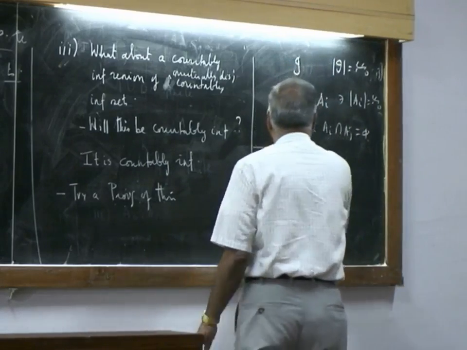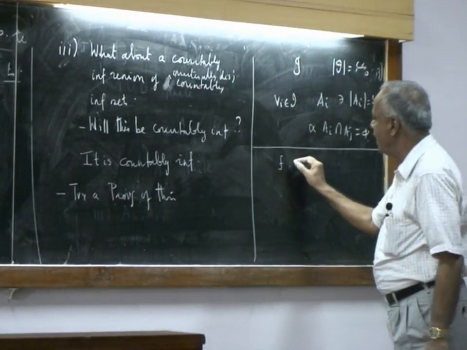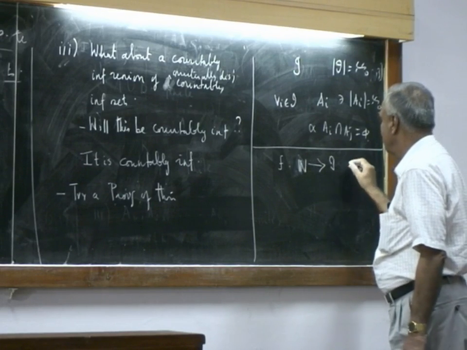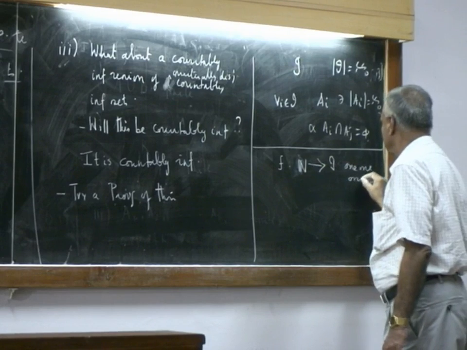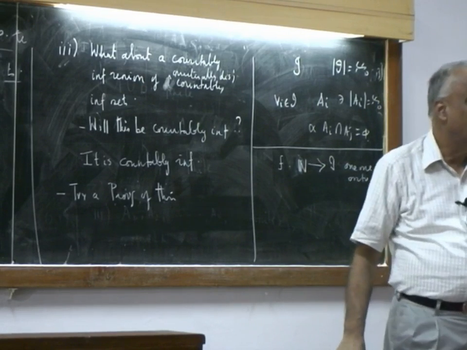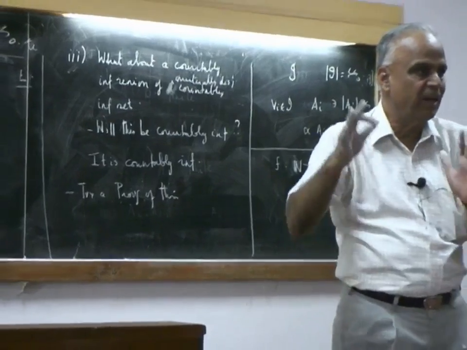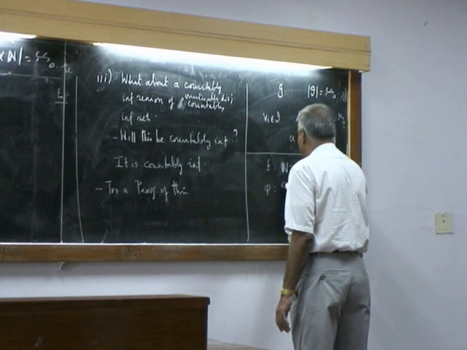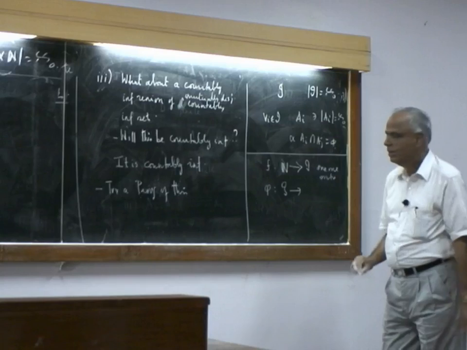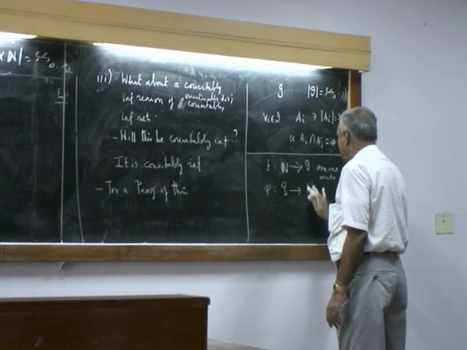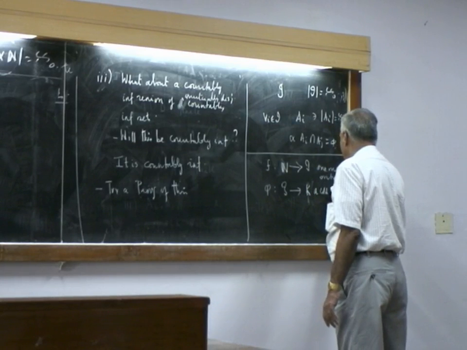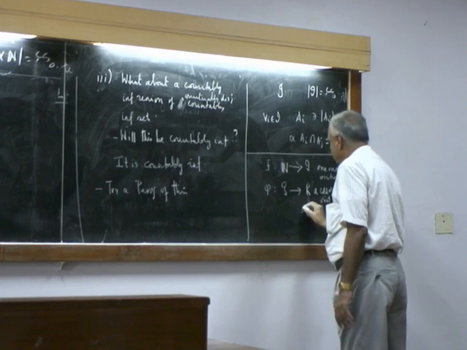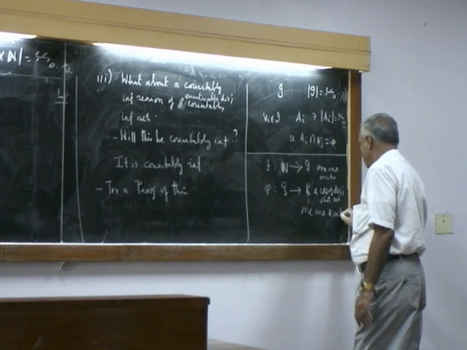So what you have to do is, I have a set I such that there is a mapping from N to I which is one-one and onto. Why is that? Because I is countably infinite. There is an indexing set, then there is a mapping from I to this collection K of disjoint sets, which is also one-one and onto.